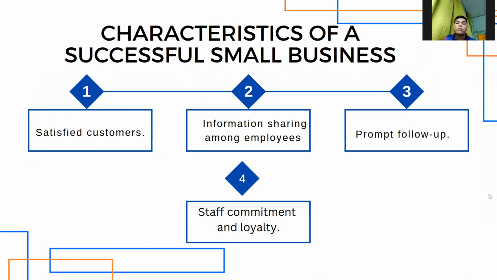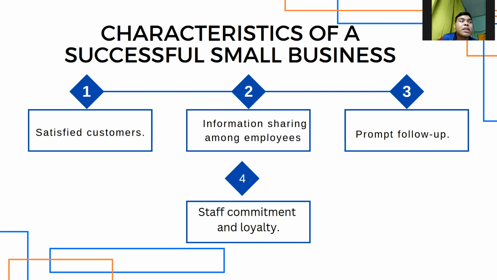Okay, I will continue with the characteristics of a successful small business. Firstly, a successful small business has satisfied customers. Successful small businesses have a clear focus on their customers and consumers, and design their offerings to give them what they need. Secondly, information sharing among employees.